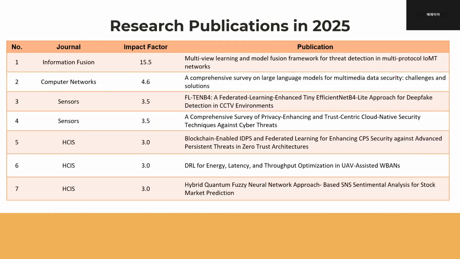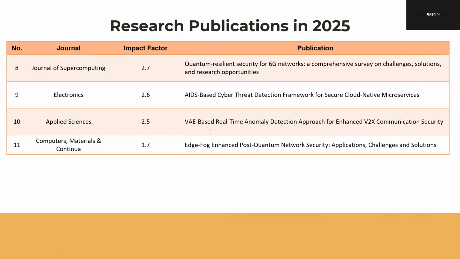In terms of publications per year, in 2025 so far, Professor Park and the UCS Lab have published a couple of papers. As you can see here, we have one in Information Fusion, another in Computer Networks, and some in Sensors and HCIS. The list goes on for 2025.